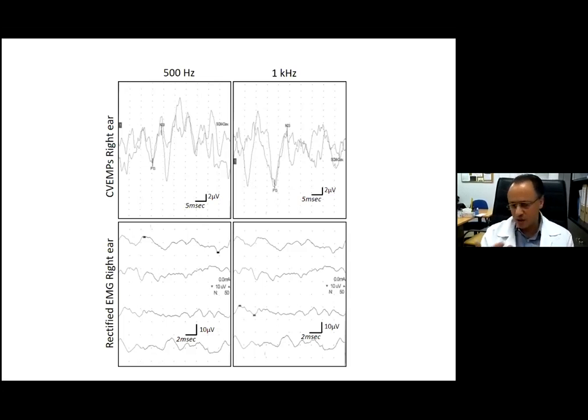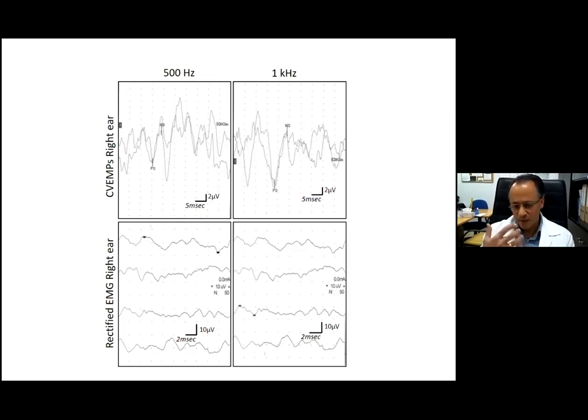There are no details of this in these papers, but you need to keep in mind that because of this phenomenon of frequency tuning, it is possible, and I believe I have 1 or 2 cases in my library of data, where you can have an unobtainable response at 500 hertz and a CVEMP response at 1 kilohertz. This would again represent frequency tuning, a better response at 1 kilohertz.